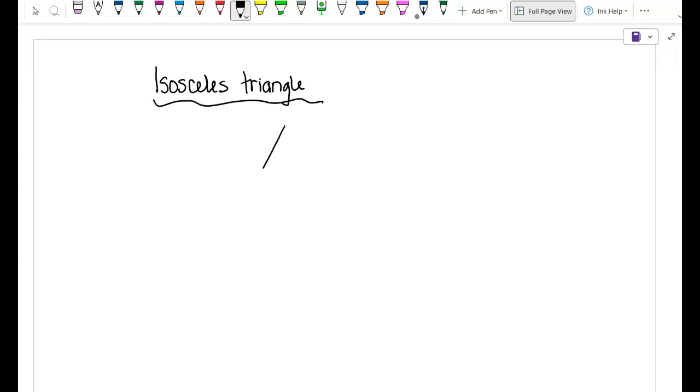And there's a few more parts. We already said an isosceles triangle has at least two sides congruent. So we have our isosceles triangle. I put my marks on there. But there are some other parts of the triangle that we need to talk about, because there are specific parts here.